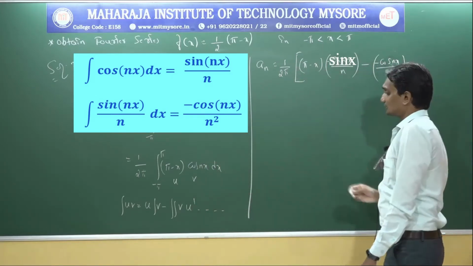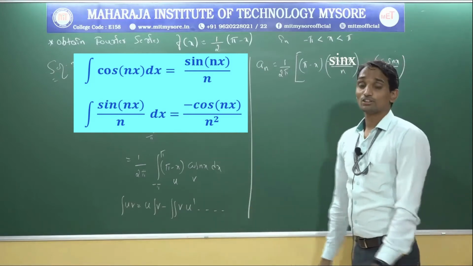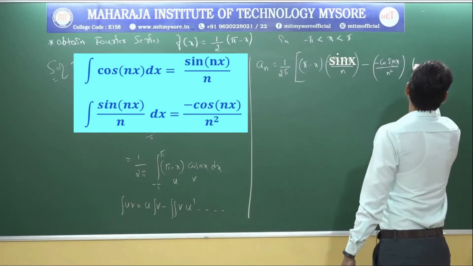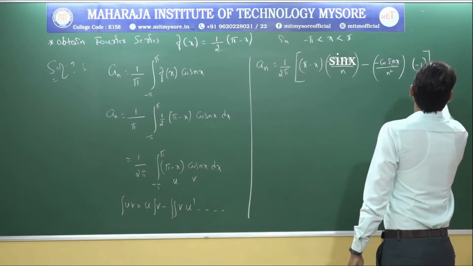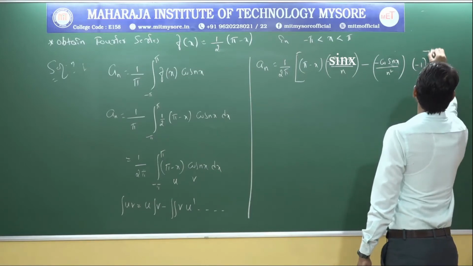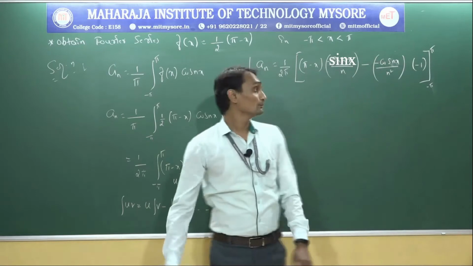So minus cos nx by n square, and the differentiation of pi minus x becomes minus 1, with limits minus pi to plus pi.